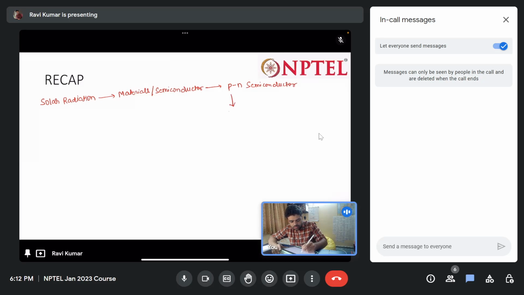Then we went to the solar cell, and then different generations of solar cell. And this is the last class, which ends with the third generation of solar cell.